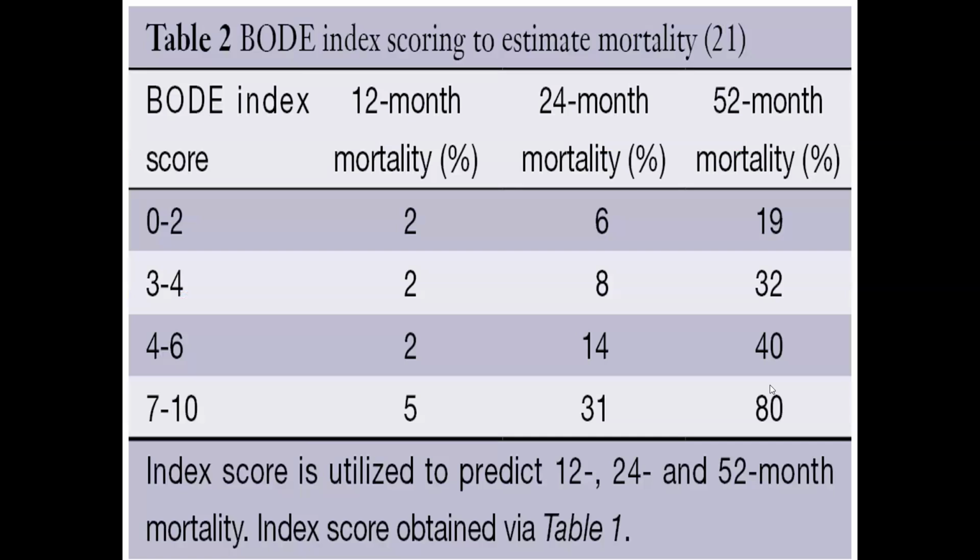The body index can give you a 12, 24, and 52 months mortality rate. Be careful about this, because sometimes when we describe these prognostic scales, we mention a survival scale, and sometimes we describe a mortality scale. So be careful, because they're basically opposite to each other.